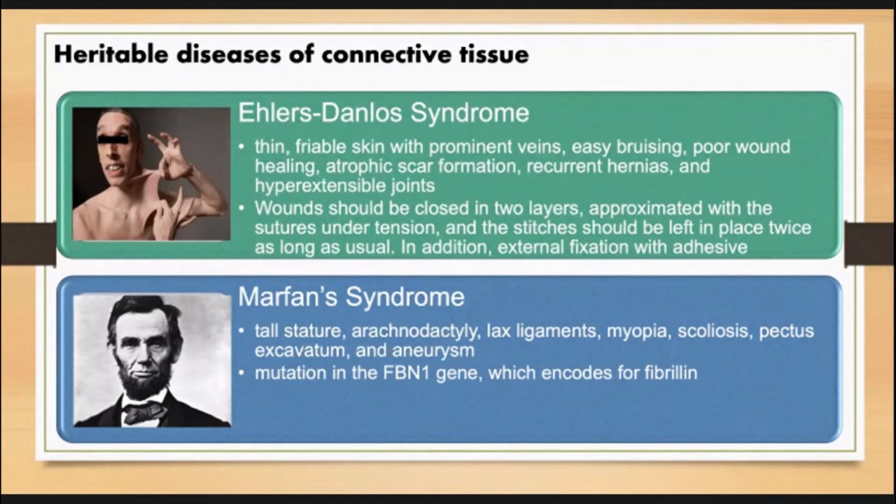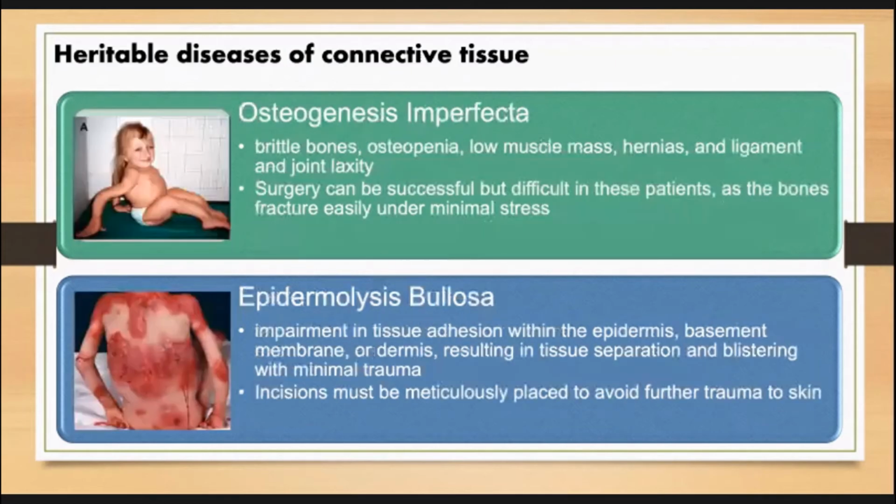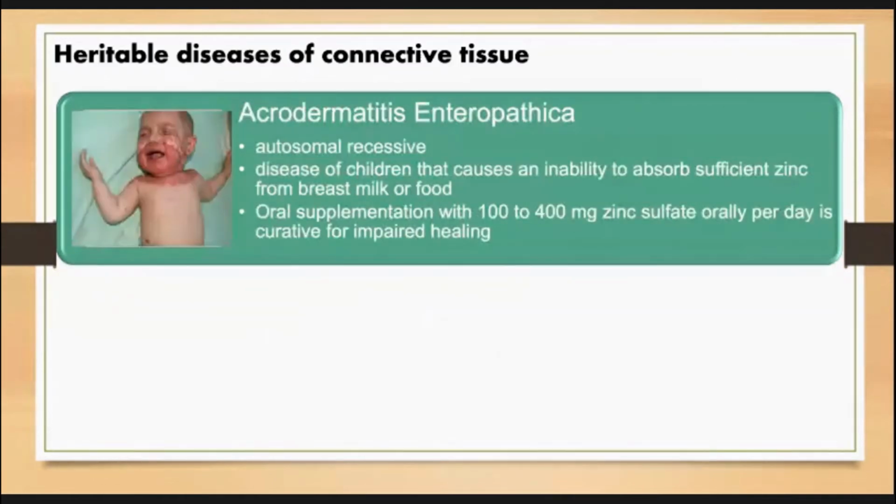These patients have tall stature, arachnodactyly, and lax ligaments, so beware in these patients. They would have poorer wound healing, and so do patients with osteogenesis imperfecta and epidermolysis bullosa. These are all heritable diseases. And lastly, acrodermatitis enteropathica.